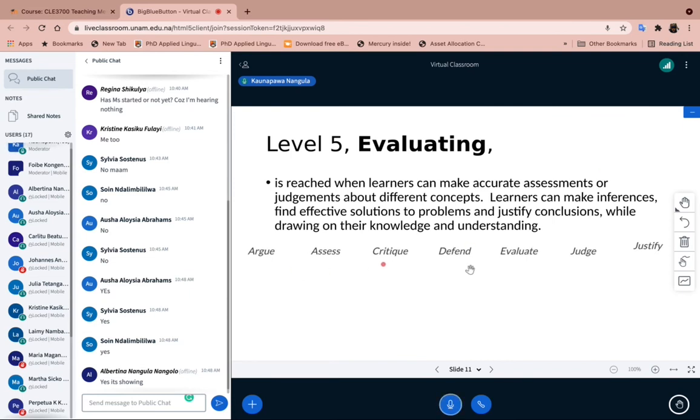And here are a number of verbs that I use within this level, and this is not the only list. So: argue, assess, critique, defend, evaluate, judge, and justify. And appraise, I think, works best here.